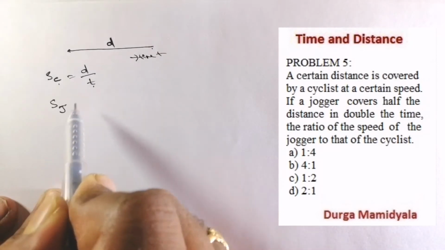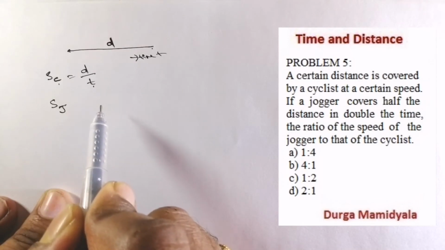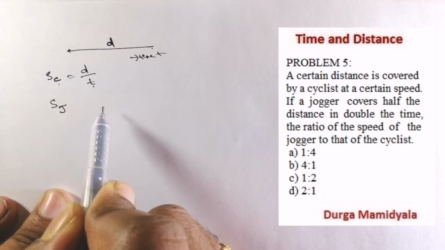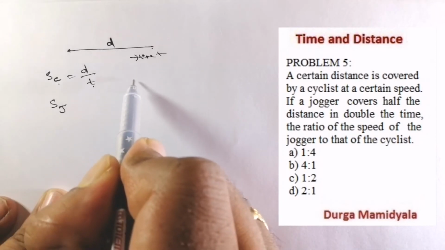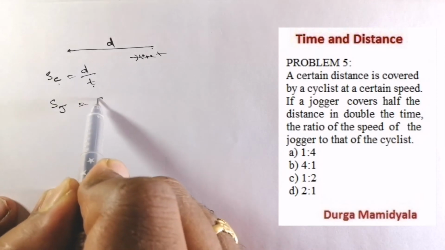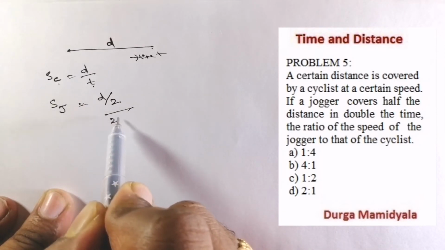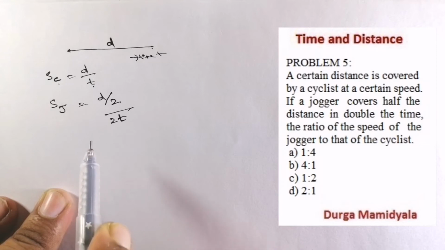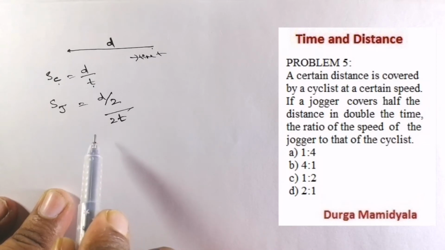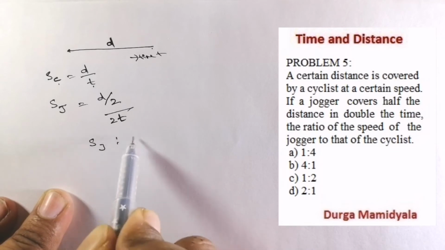Then what it says is that the jogger covers half the distance in double the time. So how much distance is the jogger going to cover? He is going to cover d by 2 distance. And what is the time he is going to take? He is going to take double time, that is 2t, right? Then the ratio of the speed of jogger to the cyclist is asked.